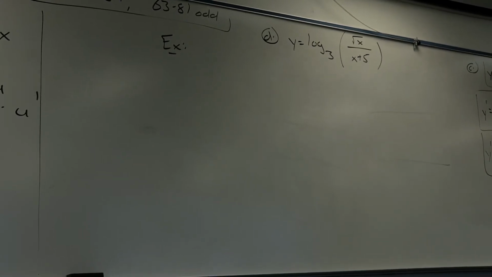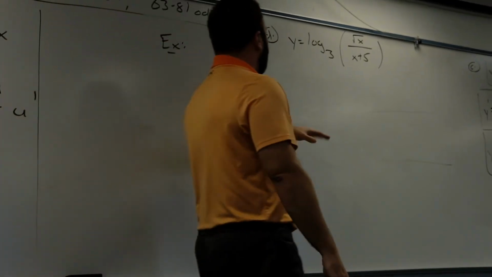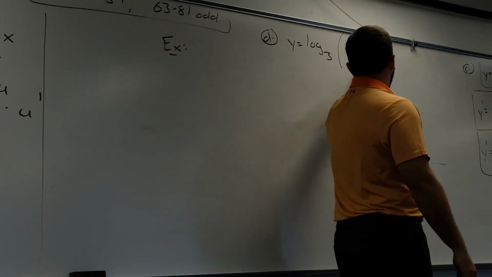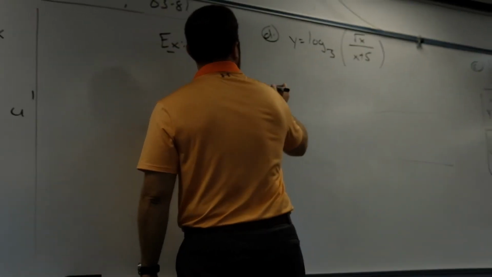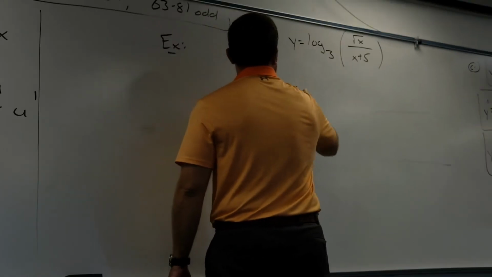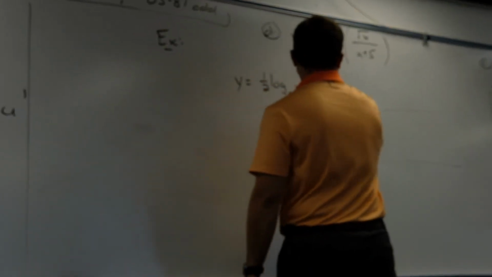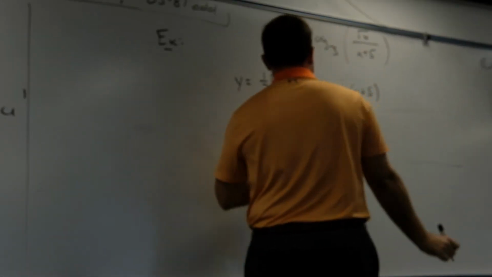So Miguel, you're partially correct. I think we are going to need the fourth rule to an extent. But this is ugly, guys. So what can we do with this log of a quotient? Yeah, let's split it up into different parts, just like we did when we had natural log of some ugliness. So let's think of this as 1/2 log base 3 of x minus log base 3 of x plus 5.